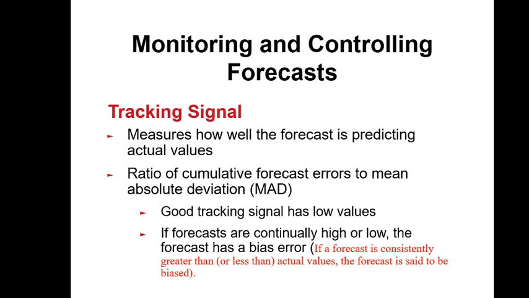This is a good indicator for you as a forecaster. If your forecasted value is always greater, or always less, than the actual values, then there is a bias in your forecast.